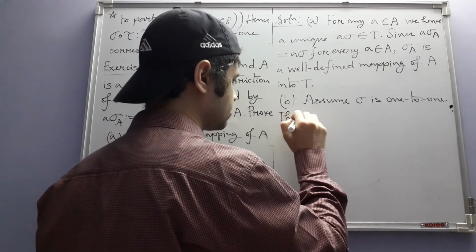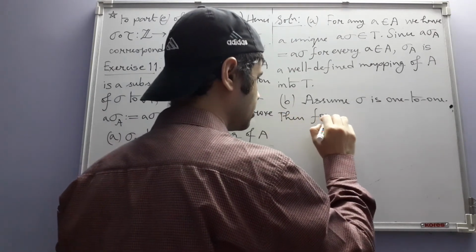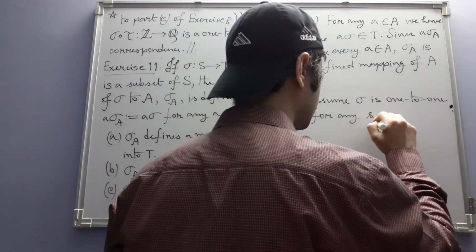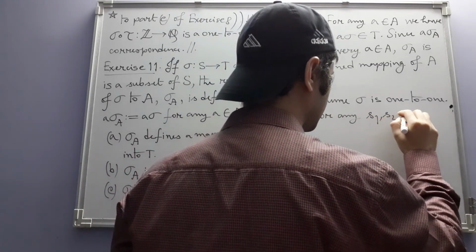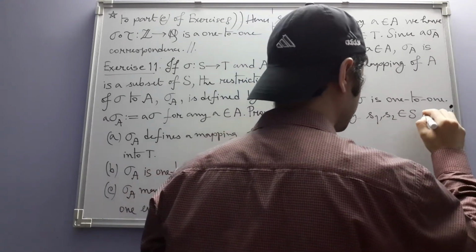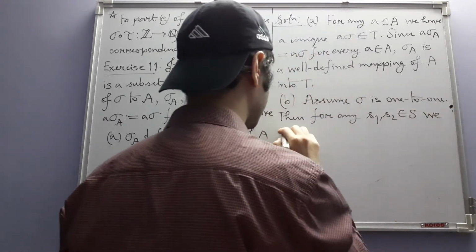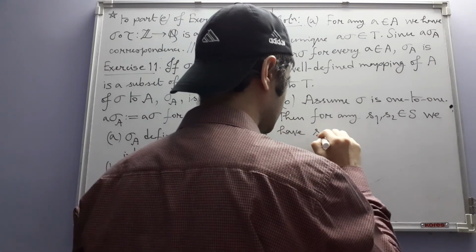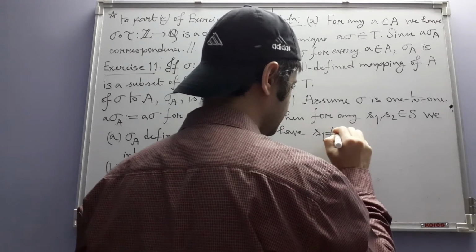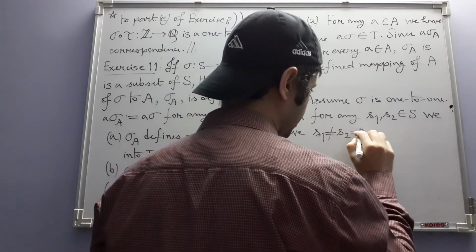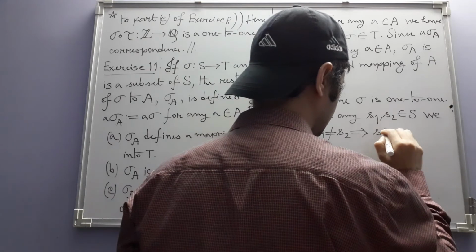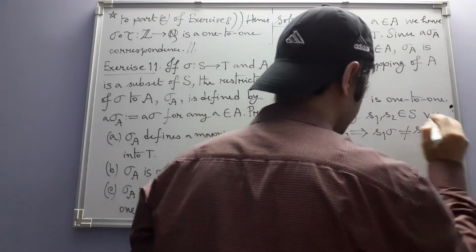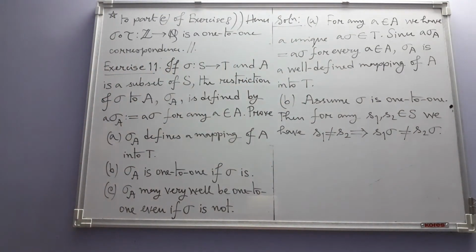Then for any elements S1, S2 belonging to S, we have S1 not equal to S2 implies S1 sigma is not equal to S2 sigma. That's what being one-to-one means.